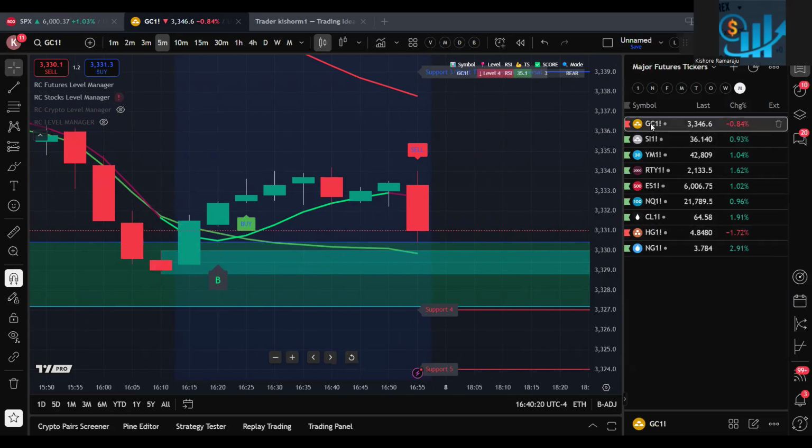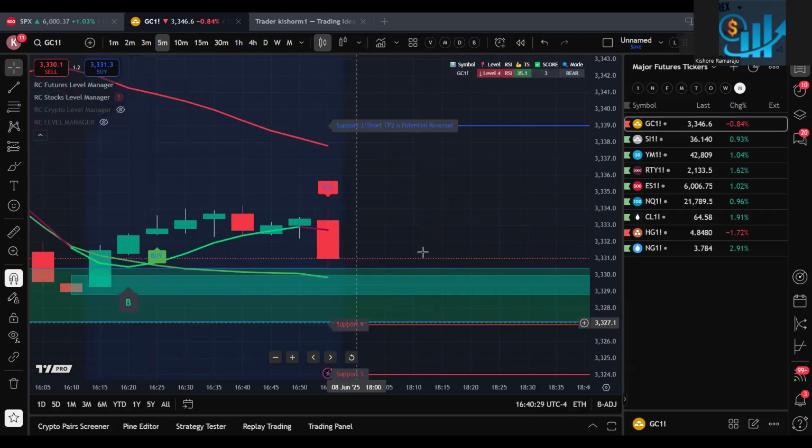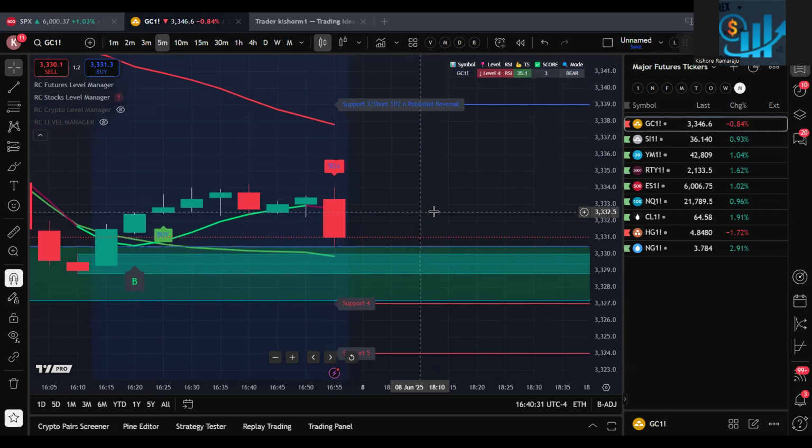So I should not take long signals on these ones. The trend is bearish for these ones. So in that way, you will be more prepared and more focused. So you will not take the wrong trades. Every day in the morning you get these levels, you can update them.